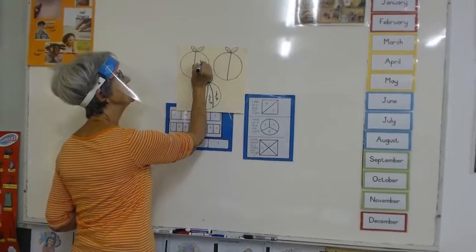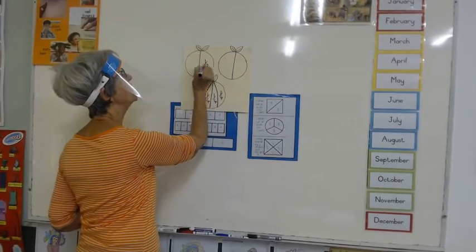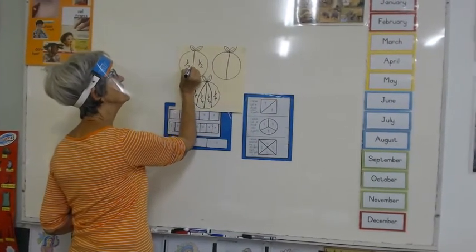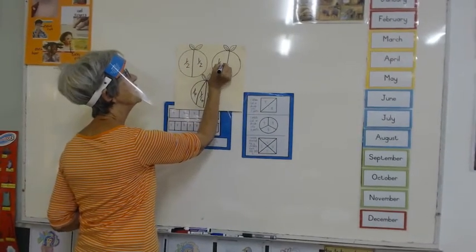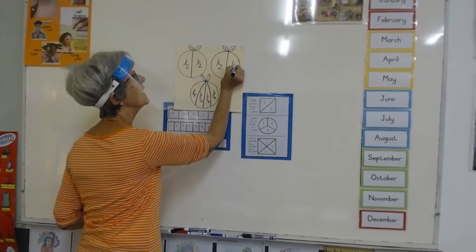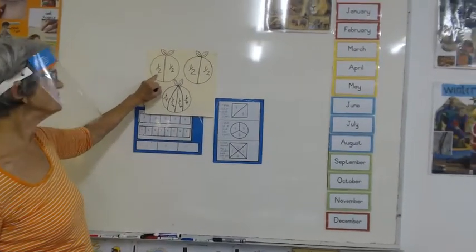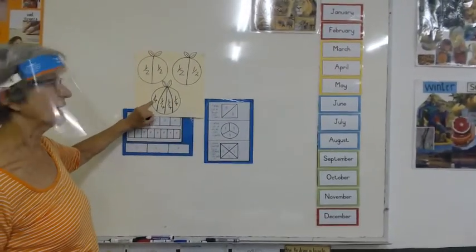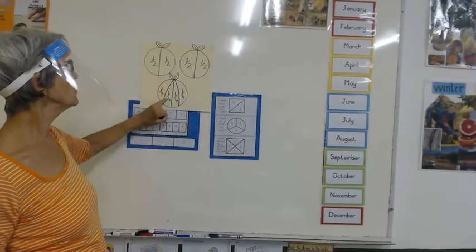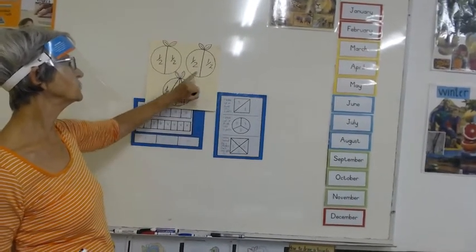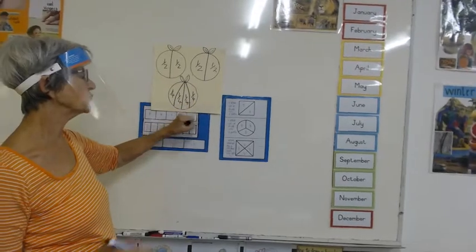And that one is a half, and a half, a half, and a half. So each girl will get a half and a quarter.